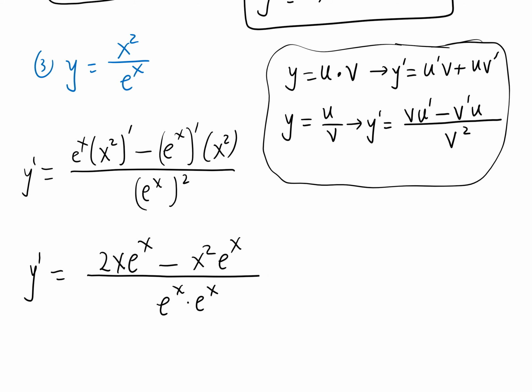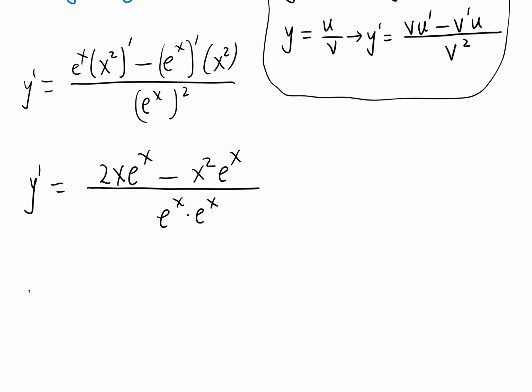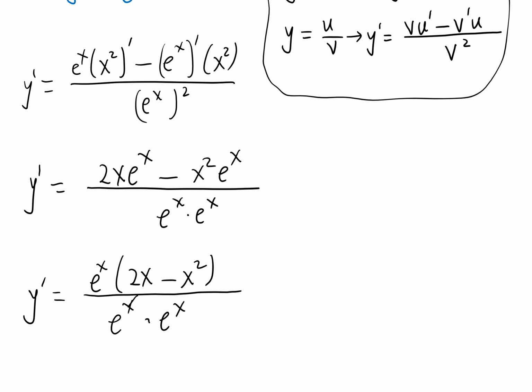And one thing we are supposed to do here is to simplify. Factor e to the x out. That'll leave 2x minus x squared. These cancel, so you get 2x minus x squared over e to the x.